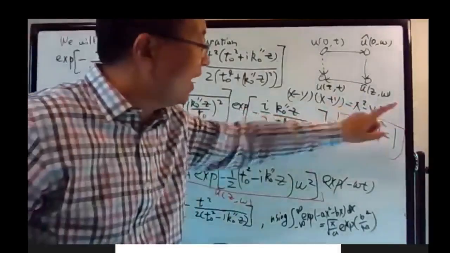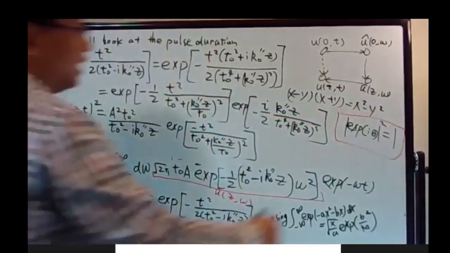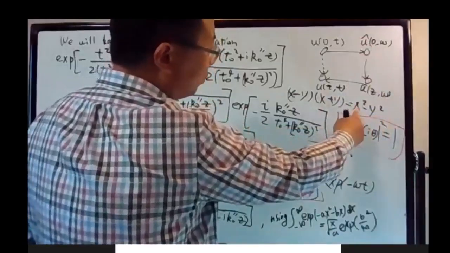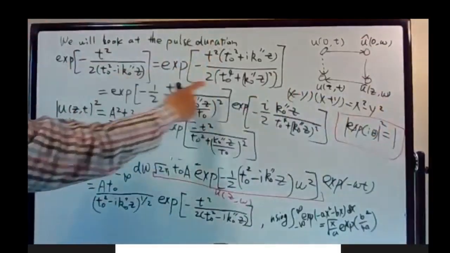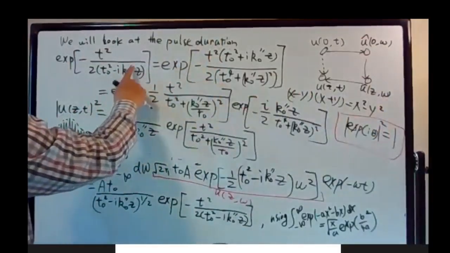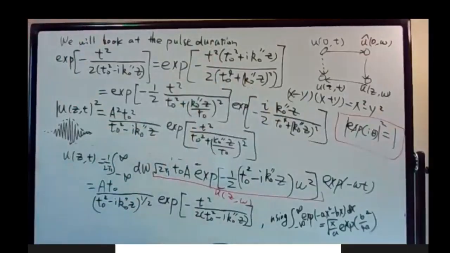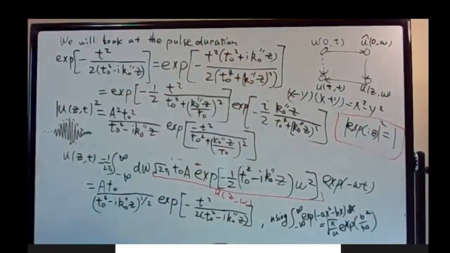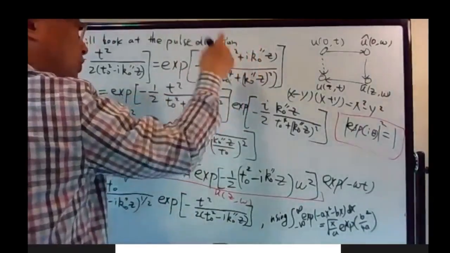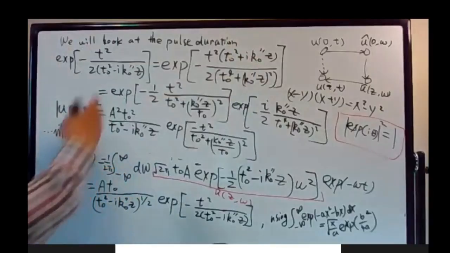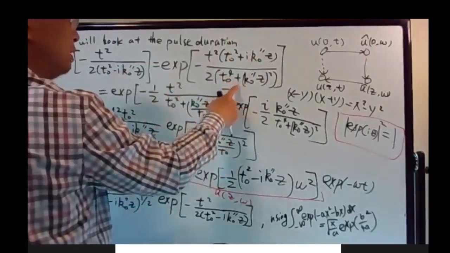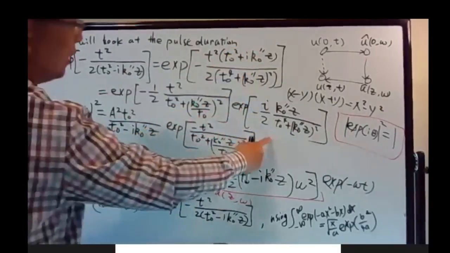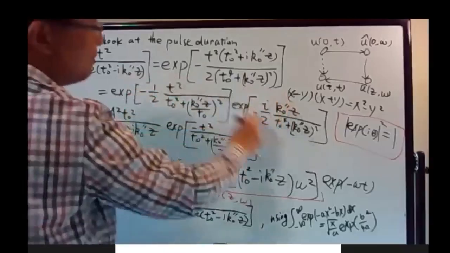Since i squared is -1, we get X squared plus Y squared, T₀⁴ plus k₀''² z². We multiply this factor in both numerator and denominator, so we can remove the imaginary part in the denominator and separate it into two pieces: the real part and the imaginary part.